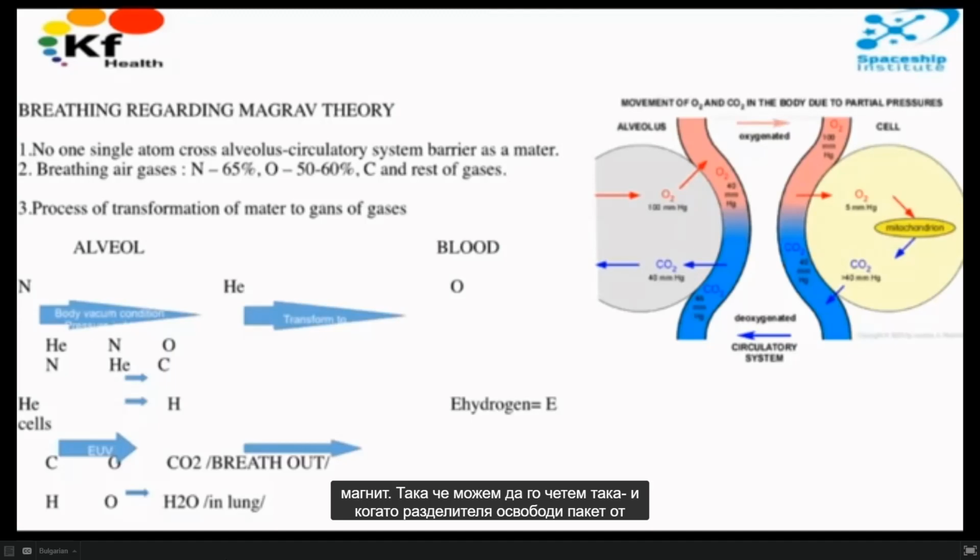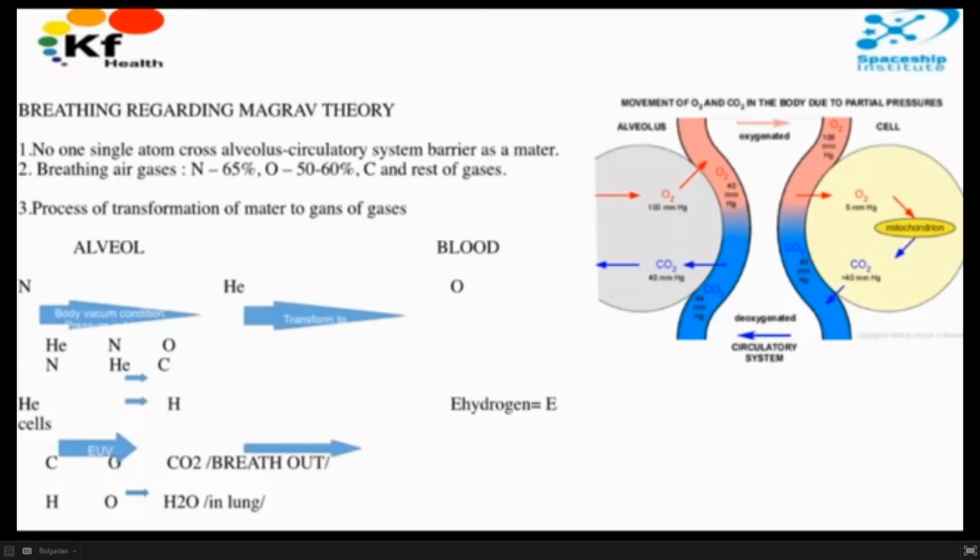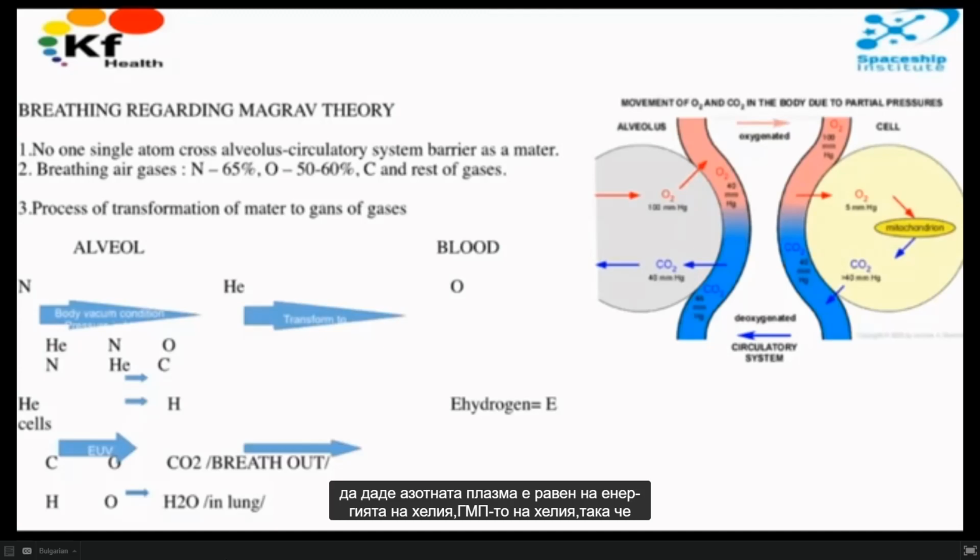And when the divider releases a package of energy, it becomes carbon, and carbon is the connection with our amino acid. Look at it this way. If you have a current flow of blood by the wall, the maximum that the plasma of nitrogen can give is equal to the energy of helium, the gravitational magnetic field of helium.